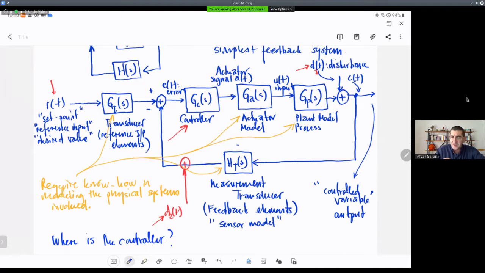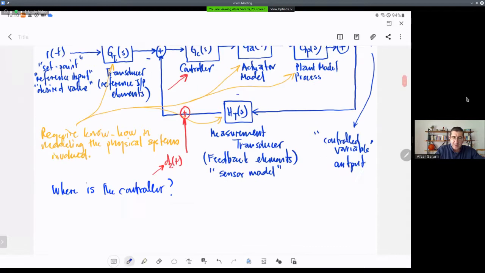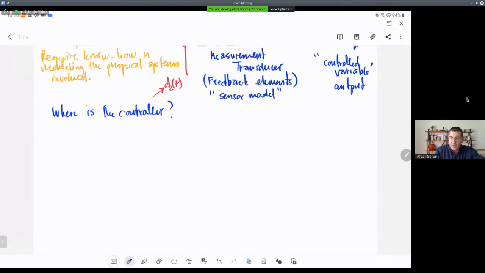So obviously I call G_C(s) the controller, but the controller can in fact include a number of things in a physical embodiment. For example, let me show you a way of interpreting it.